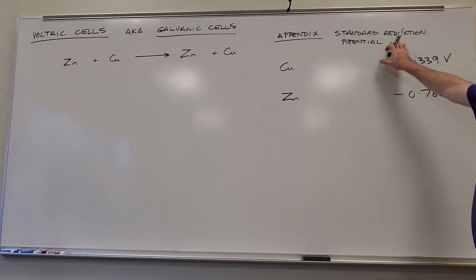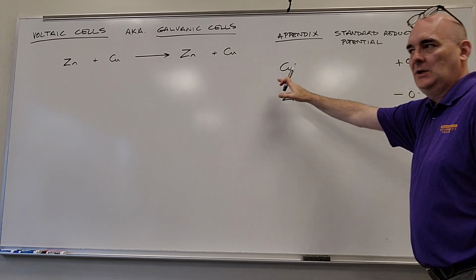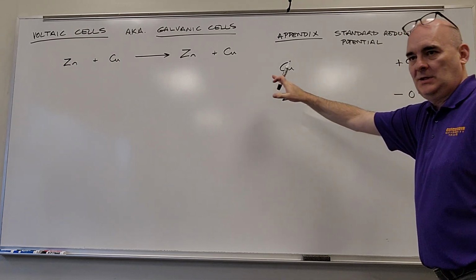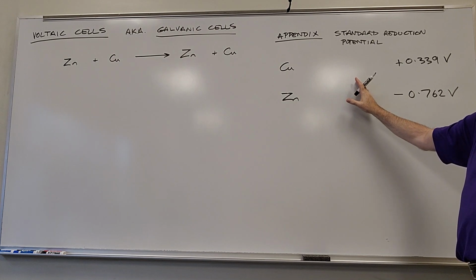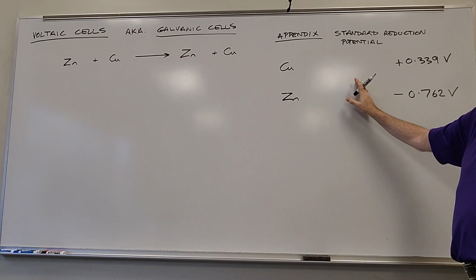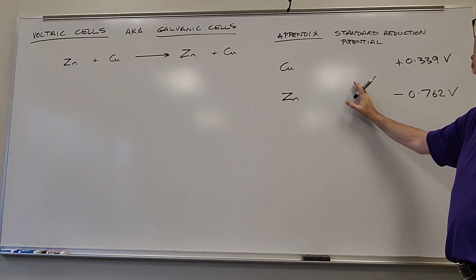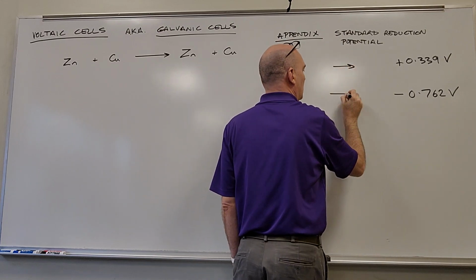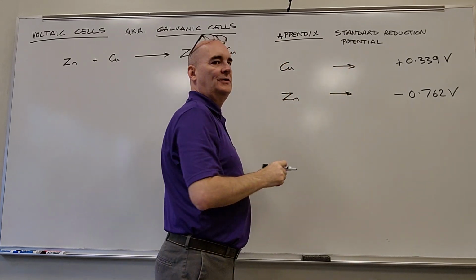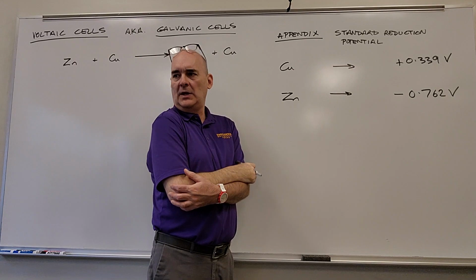All right, these have to be written as reductions. So am I turning copper into copper 2+, or am I turning copper 2+ into copper? They're reductions. Is reduction the loss of electrons or gain of electrons? Gain. So here's my arrow. That means the electrons are on the left-hand side of the arrow.